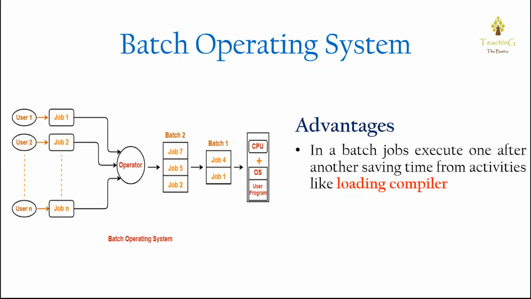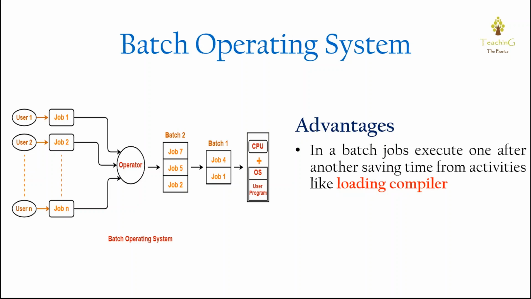So the operator will figure that out. It will prepare a batch, and when a C compiler is loaded in the CPU, all the batch containing all those jobs that require the C compiler will get executed.